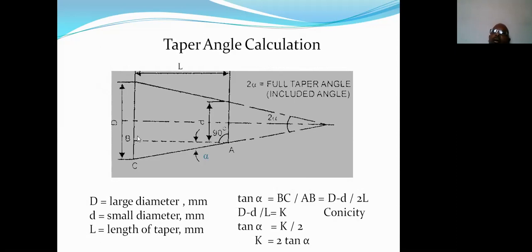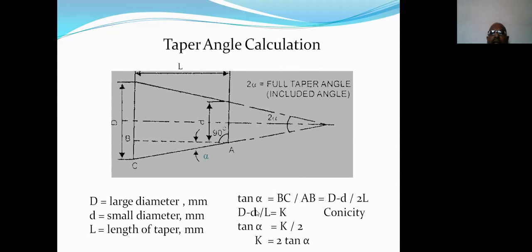That particular diameter difference is capital D minus small d, whereas half of the difference means capital D minus small d by 2. And that particular AB means L. So that's why tan alpha equals capital D minus small d divided by 2L.